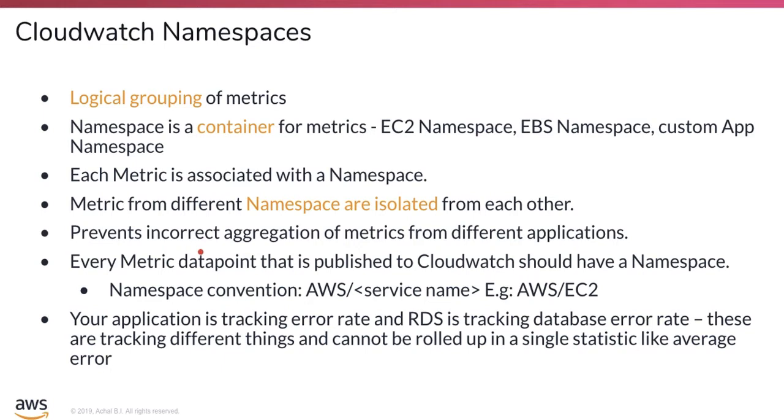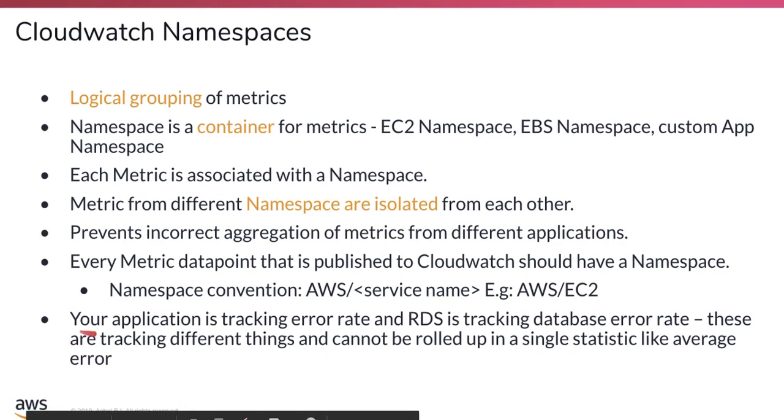This prevents incorrect aggregation of metrics from different applications. If you have two different applications running and you have published two different custom namespaces, you could get the CPU utilization of EC2 for the particular application you're using, and you can easily isolate the metrics based on the namespace.